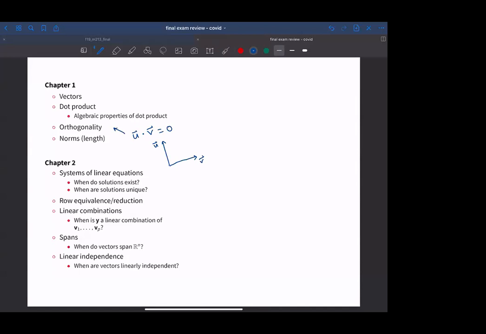Would it also be okay to say they're perpendicular? Yeah, I mean, you got the right idea in mind. More or less, perpendicular and orthogonal mean the same thing. The reason we don't say perpendicular is, well, what does it mean for two vectors in R15, or say R7, to be perpendicular?